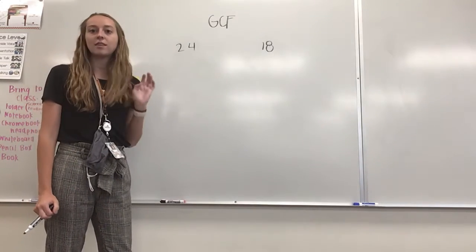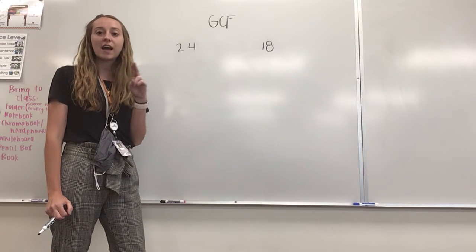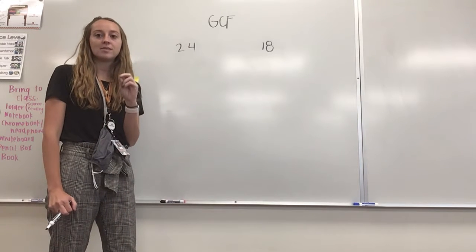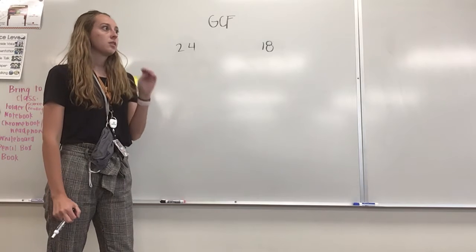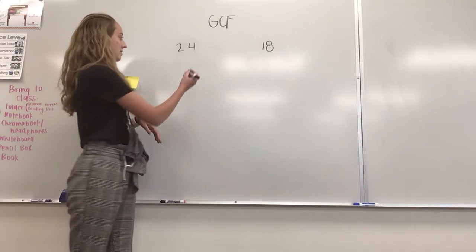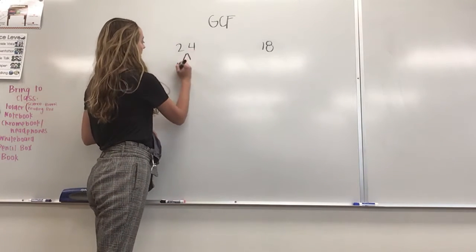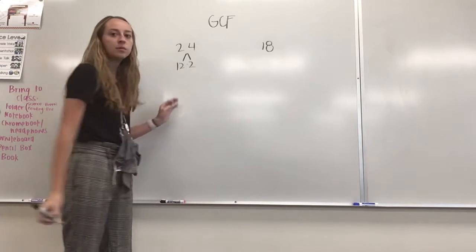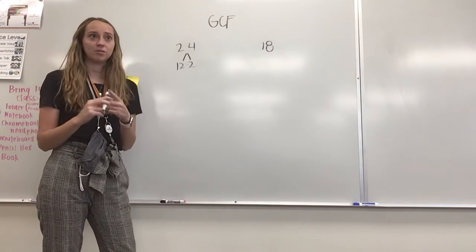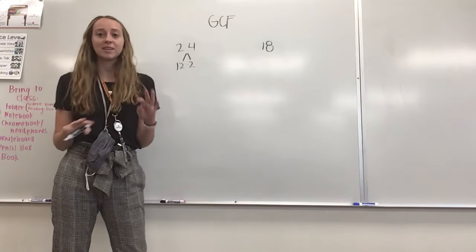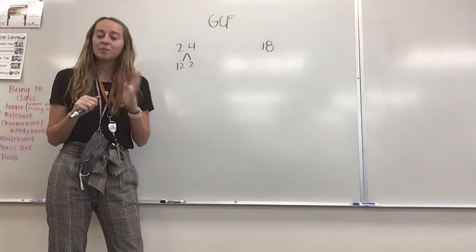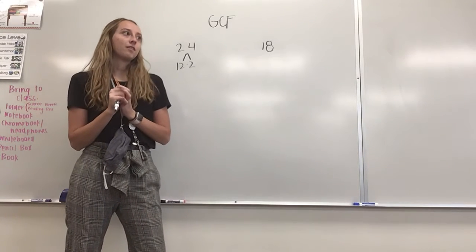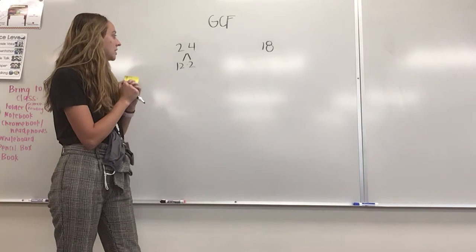The first thing that you'll do is decide two factors, or two things that multiply to get to 24. So the first one that comes to my mind is 12 times 2. You can use 3 times 8, 6 times 4. It really doesn't matter, just whichever one pops into your head first. So the first one I thought of is 12 and 2.